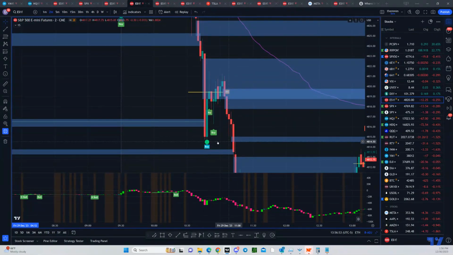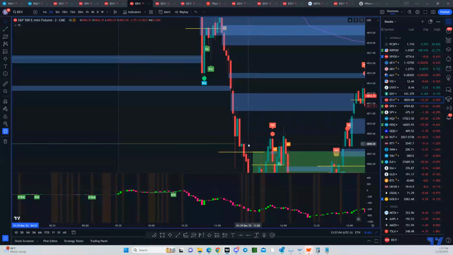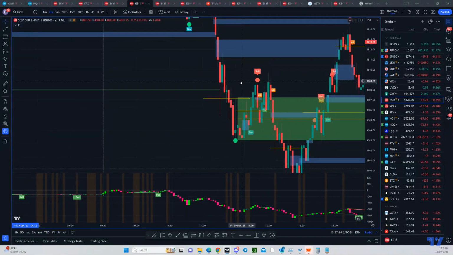Let's just say you got out in this zone here, 15 or whatever the case may be. But the next target we had down was 08. And you can see that when we got to 08 here, that was T2. It bounced up a little bit, and then from there it just kept going down.